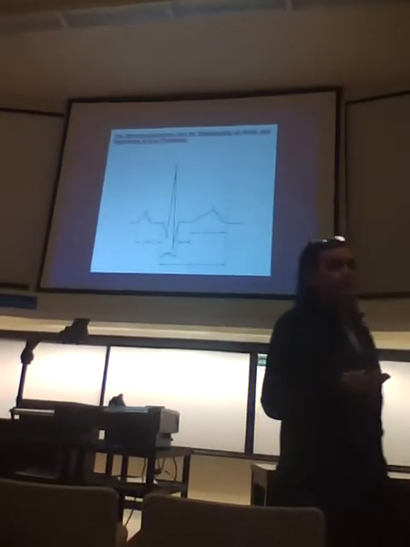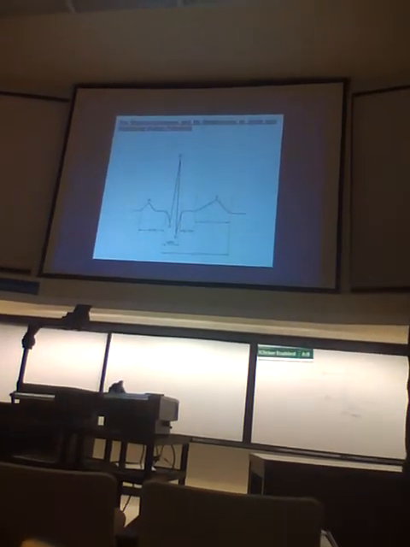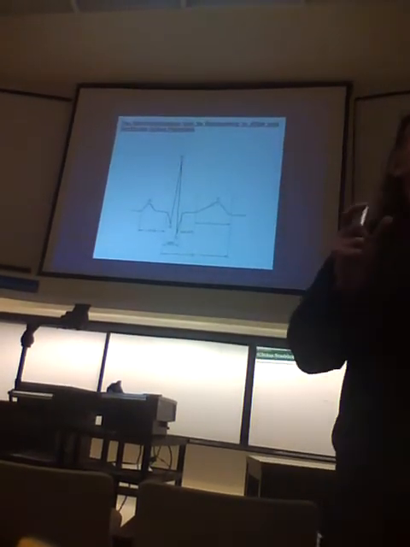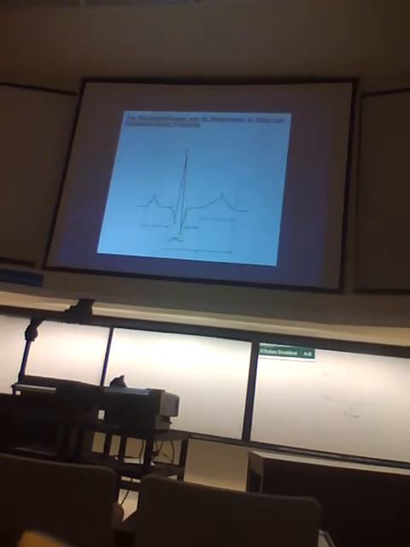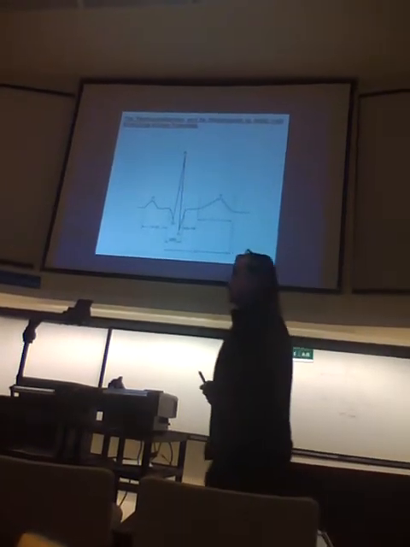You wouldn't want to do that in a human, but you might in an experimental situation. It's very small because the mass of the atrium is very small. And the repolarization phase is slow, so the signal is a lot less. So it's a tiny little signal there somewhere.